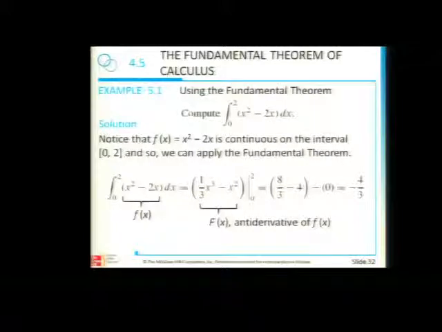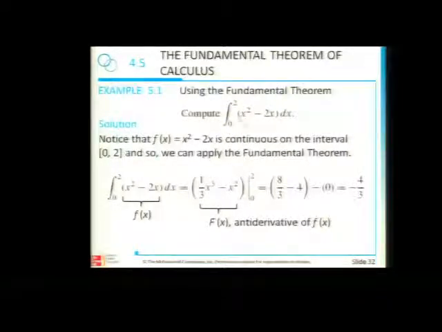Okay, so let's look at this problem. We integrate this from 0 to 2. Then we know the antiderivative of x squared minus 2x is (1/3)x cubed minus x squared. You all know that, right? If you want, you can split this into two integrals, but for simple cases like that it's not necessary. You can split, up to you.